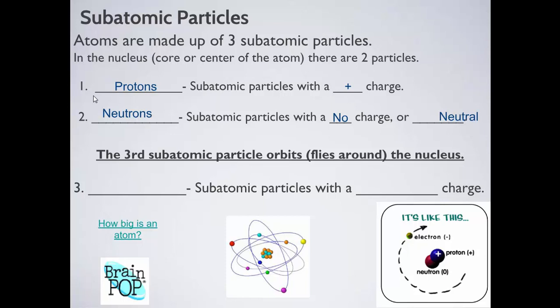Then we have our third subatomic particle that is outside of the nucleus, actually quite far away from it at an atomic scale. It's called an electron. Ali, what charge does it have? Negative. Negative. I just have it mixed up.